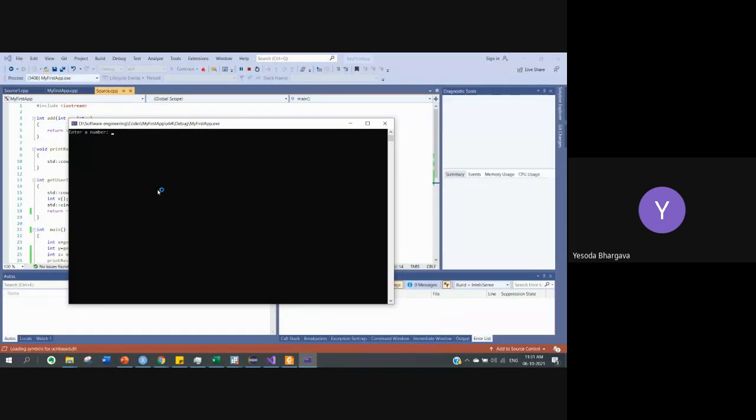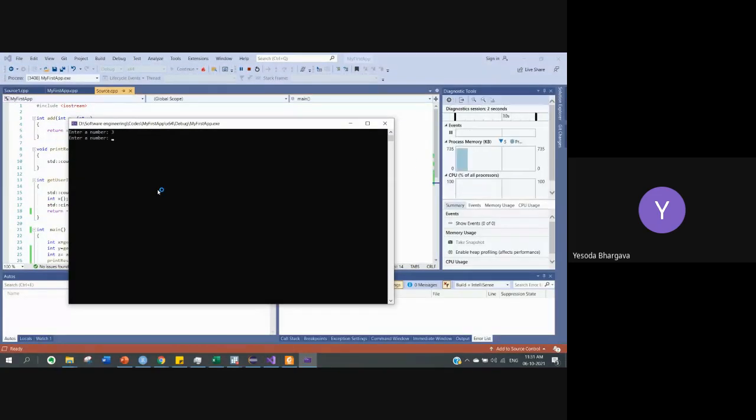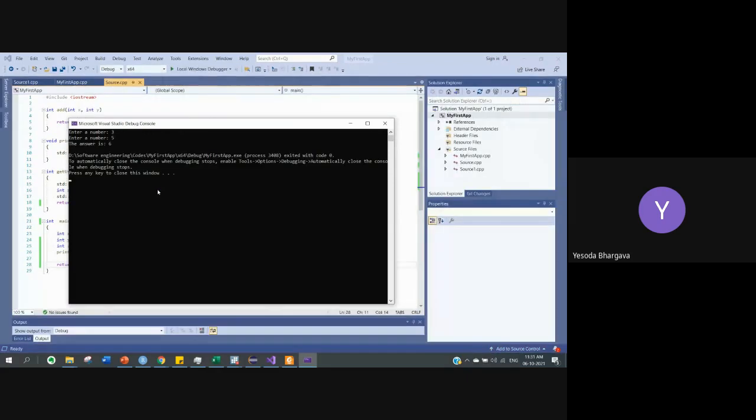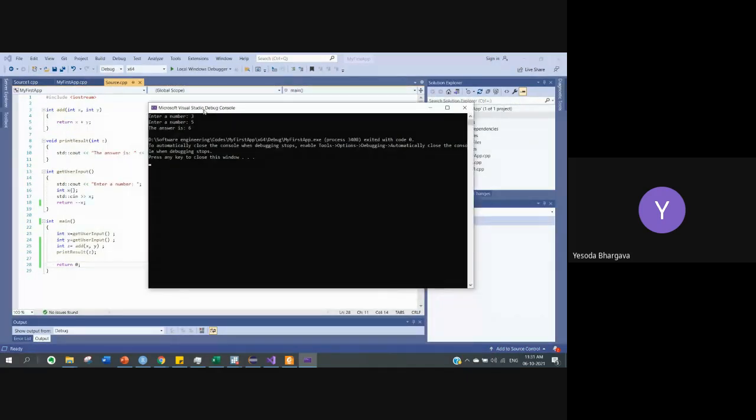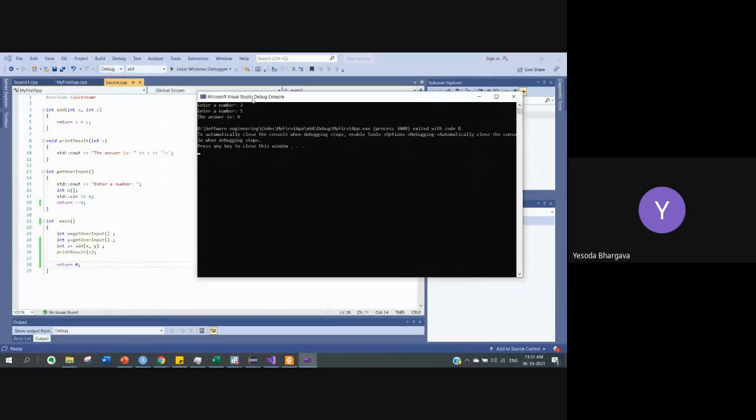So here I enter 3, let's say, and then I enter 5, and still the problem is there. So now what is the problem? We are returning minus x in line number 18. Yes.